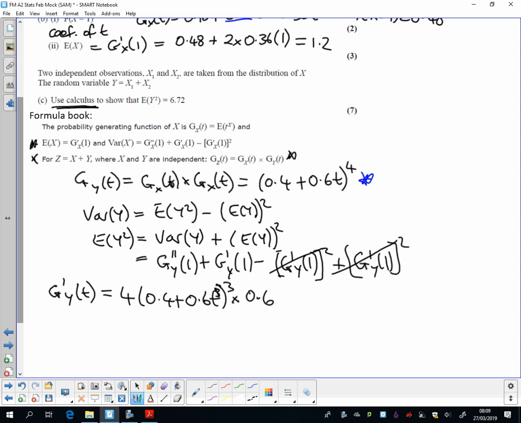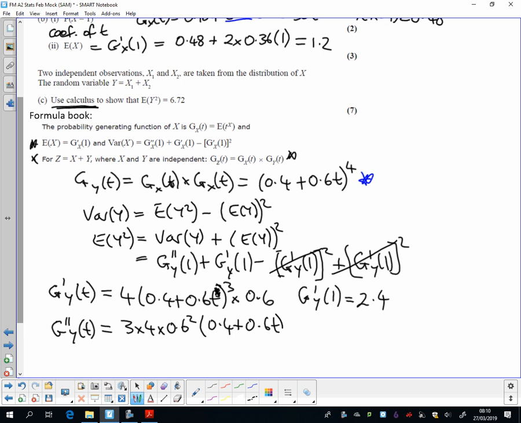Once you've differentiated, you want to sub in 1. Then we want to differentiate that again. I'm just going to substitute in numbers, so I didn't even simplify that in the meantime. There's going to be times another 0.6. Then I'm going to substitute in 1.